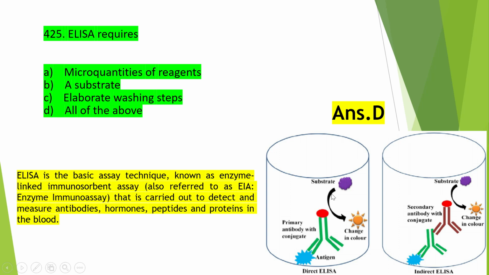Then when we add the substrate to this enzyme, it converts into a colored product. So we can say that this antigen antibody complex is formed. So this is a process of detecting antigens or hormones or peptides or any kind of proteins in the blood. Okay, so this is the process.